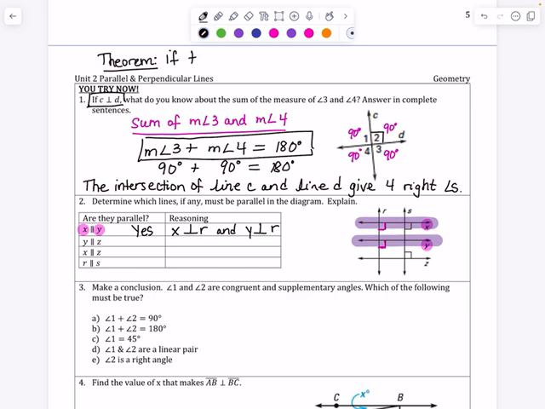If two lines are perpendicular to the same line, then they are parallel to each other, and I'm using the notation for parallel.